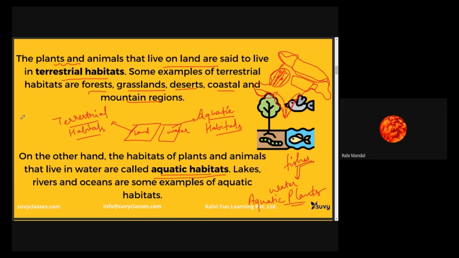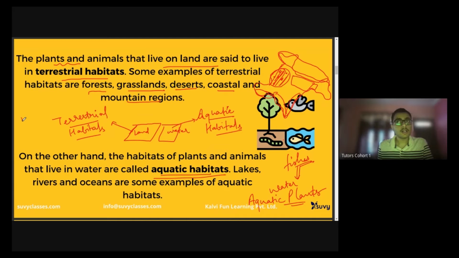Not the aquatic animals. I'm talking about the aquatic habitats, like a lake. For example, if a fish lives in a lake, the lake would be the habitat. Assume this fish to be living in a tank. So this tank is this fish's habitat, right?